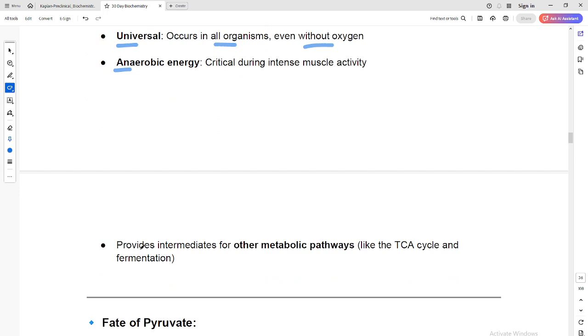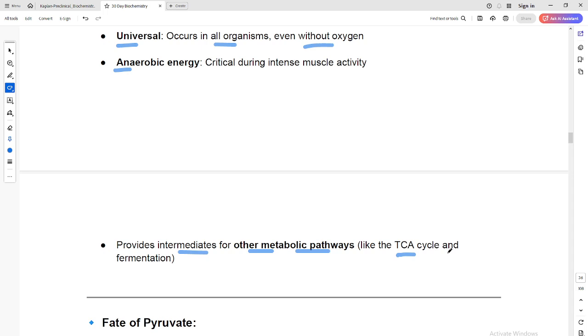It also provides intermediates for other metabolic pathways like the tricarboxylic acid cycle, fermentation and amino acid synthesis. Glycolysis produces pyruvic acid. Pyruvic acid will form acetyl coenzyme A that will complete its oxidation in the Krebs cycle.